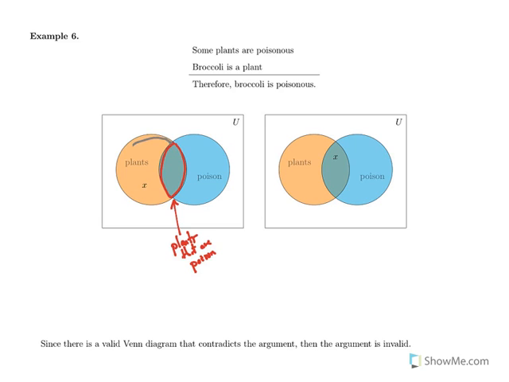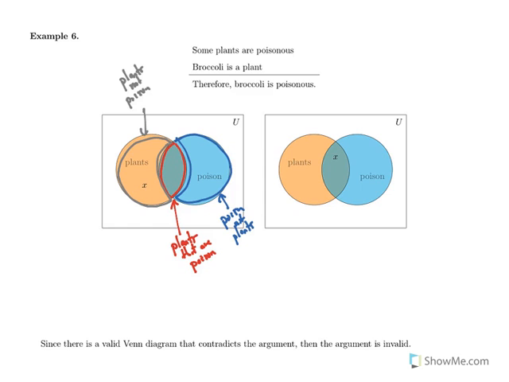Then we have this section over here. Those are plants that are not poisonous. And this part of the circle over here are poisonous things, but not plants.